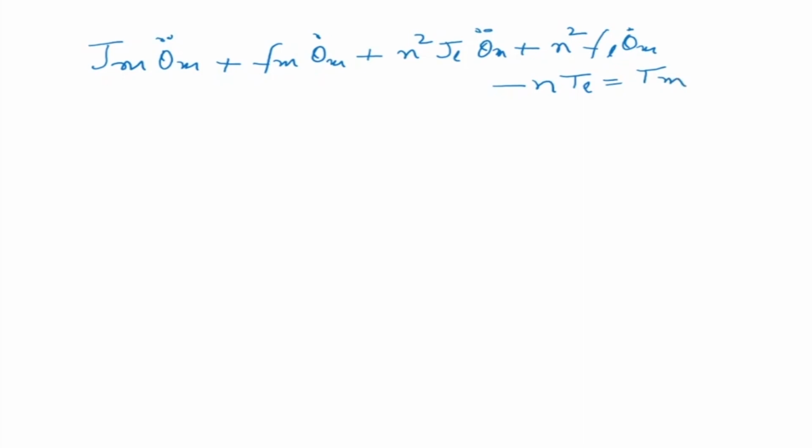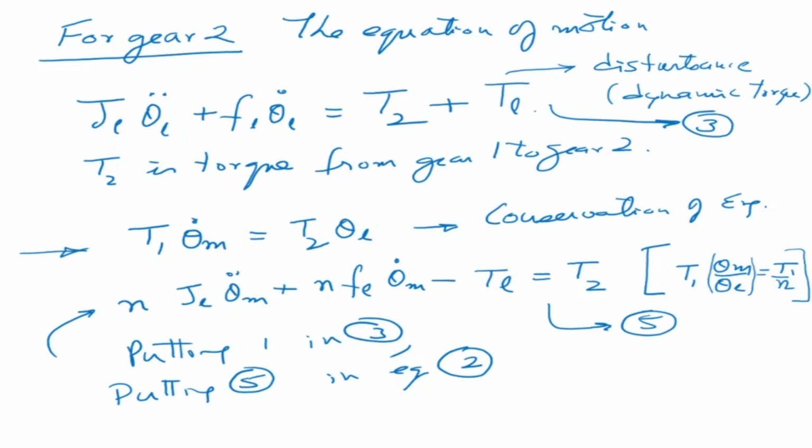Now, how did we get this? We basically made use of the conservation of energy equation. Then I took equation 1, put it in equation 3, and from equation 3 I combined it with equation 2, and this is what I get. Putting 5 in 2, this is what we get.